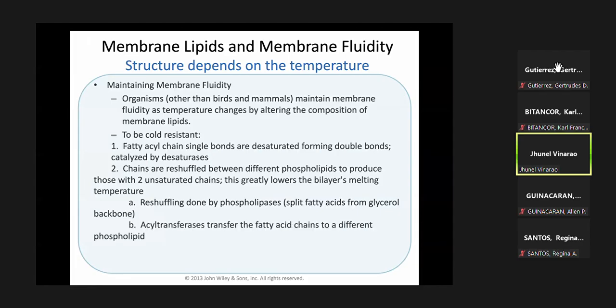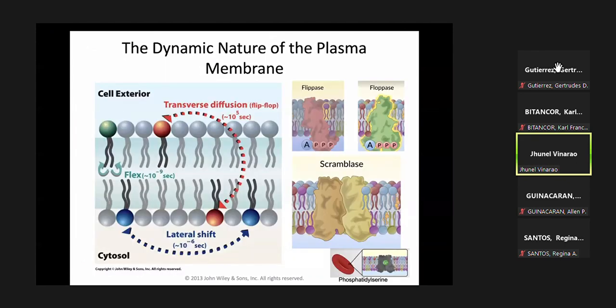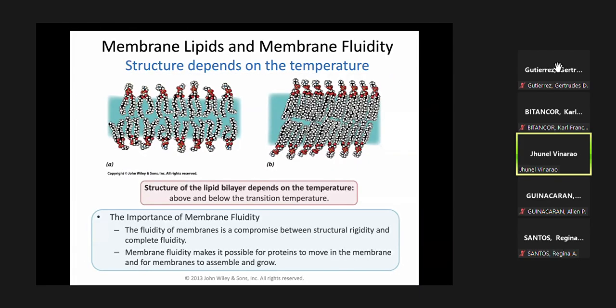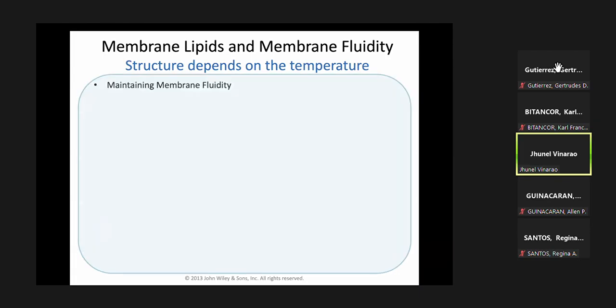Reshuffling ng phospholipases na nagka-cut ng fatty acids. What else? So, familiar na tayo sa term na structure depends on the temperature. Let's now go to the next.